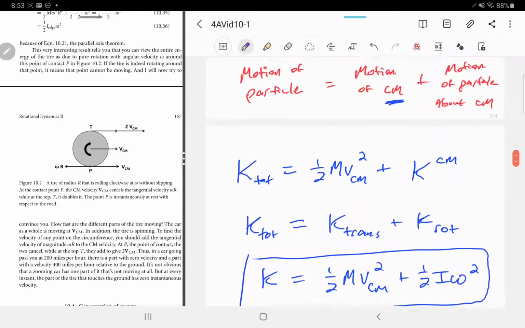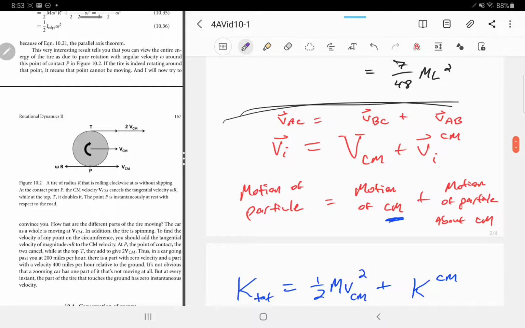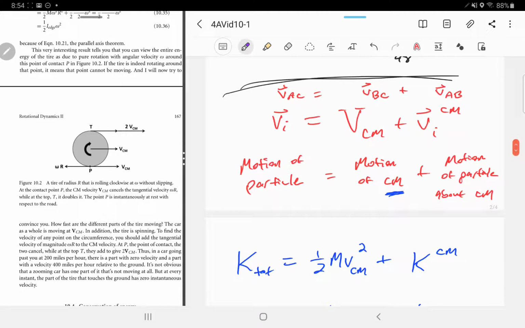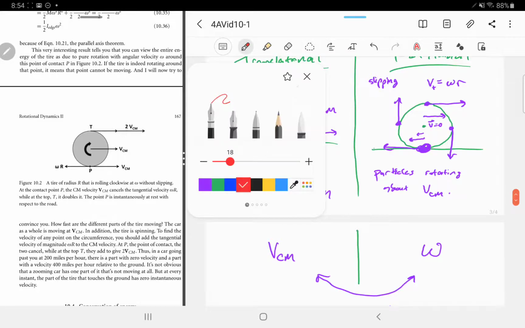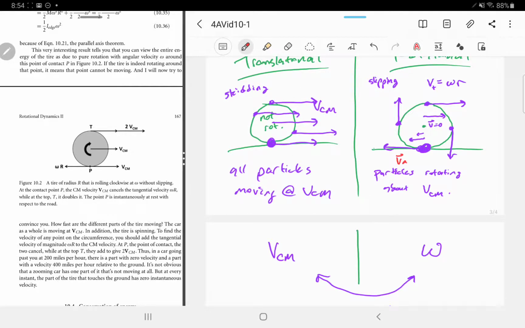And remember the way I labeled this, let's use the VBC and the VAB. The motion of the particle about the center of mass is VAB. So here VAB would be to the left, particle with respect to the center of mass. And then here, this is the velocity of the center of mass relative to the ground.